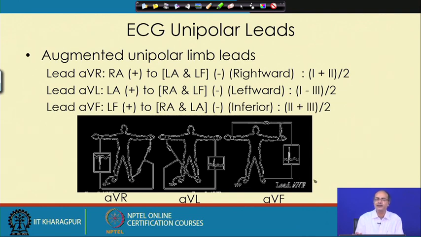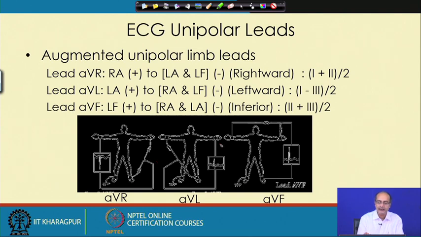In this configuration, the first thing we should note is that the primary points from where the potentials are checked have not changed. Only how we are connecting them has changed. So, the first one is lead AVR. This is, in some way, comparable with lead 1, where one point was the right arm. The second one is AVL.